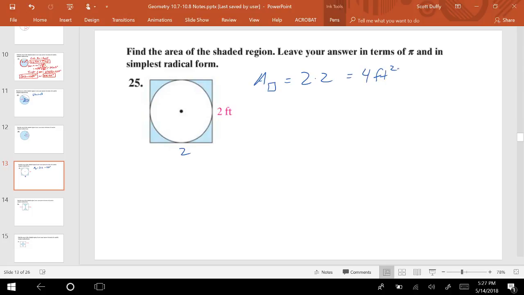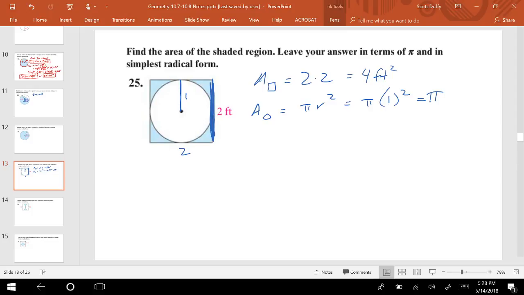Now, if this whole side length is 2, what would be the radius of the circle that fits right in that box? Well, it would be half of 2, which is 1. So the area of the circle is equal to pi times the radius squared, which equals pi times 1 squared, which equals pi.